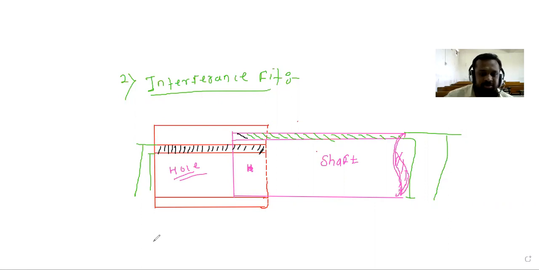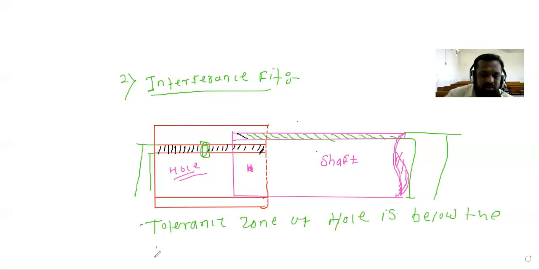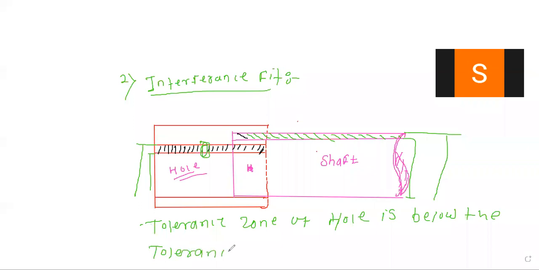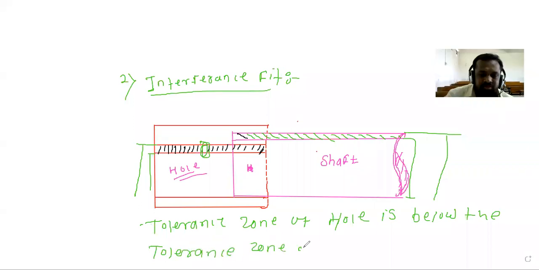In a similar manner, the tolerance zone of the hole is below the tolerance zone of the shaft. This condition is called the interference fit.